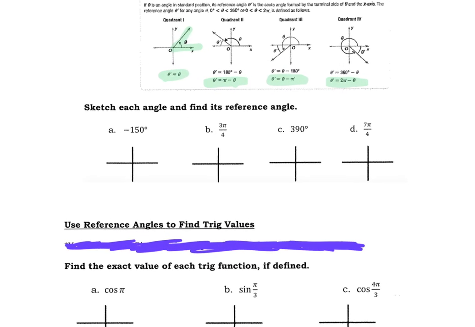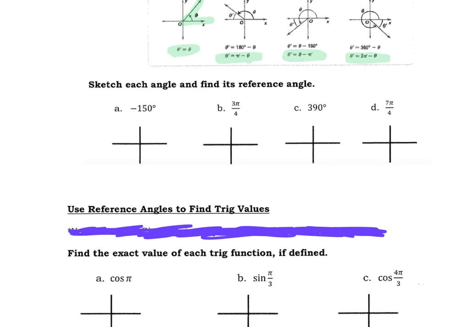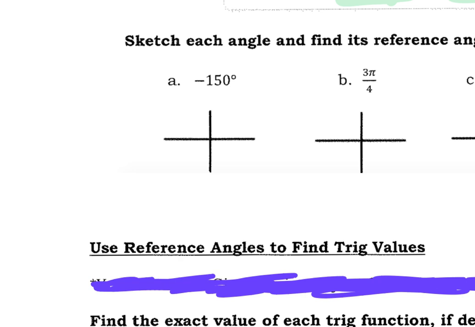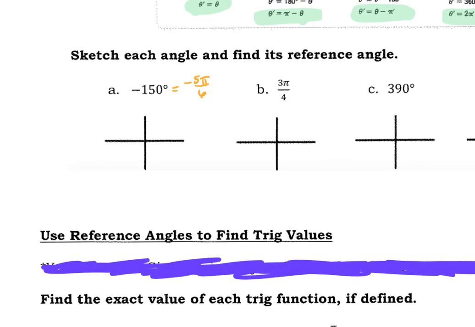Okay, so reference angles, let's think radians besides degrees. So negative 150 degrees is equivalent to negative 5 pi over 6. Just to try to reinforce and repetition of some of these values, I'm going to try to do that quite a bit.